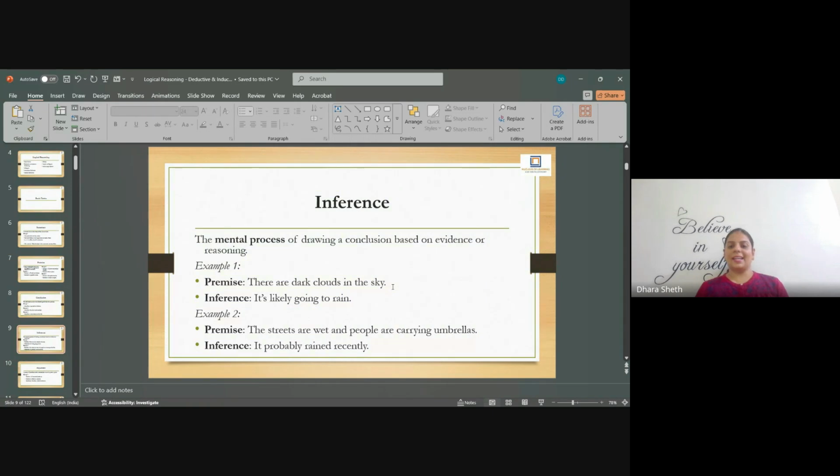It is likely going to rain. Another example, the streets are wet and people are carrying umbrellas. So what we can infer from it, a conclusion that we can draw from it is, it probably rained recently. That is why the streets are wet and people are carrying umbrellas.